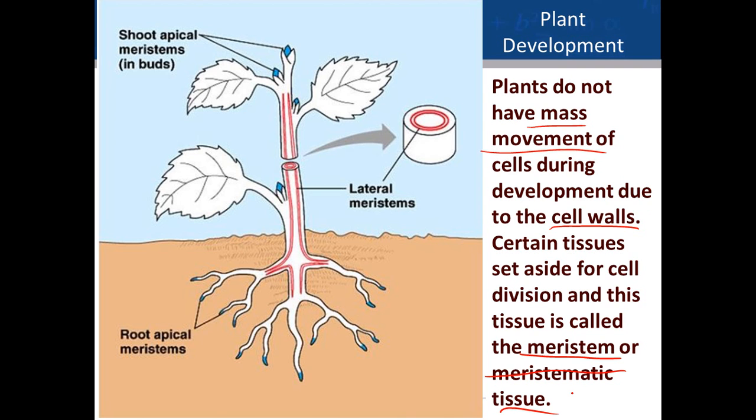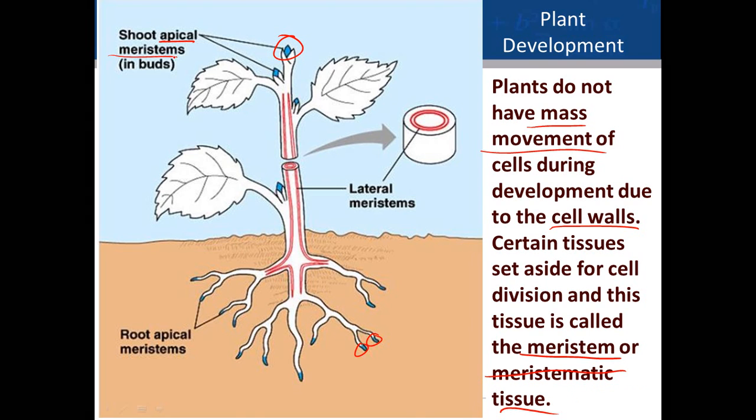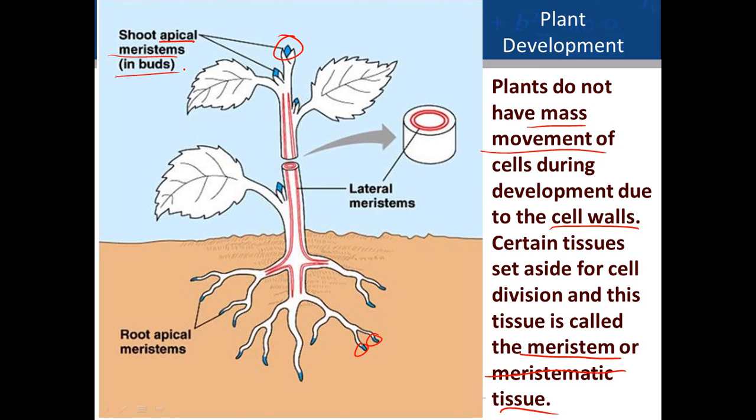And in looking at a typical plant, we're going to find meristem in the tips of the root and the tips of the stem. That kind of meristem is called apical meristem because it's at the apex of the plant, and it causes the plant to grow in height or length, if you will.